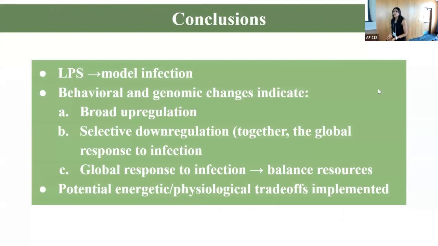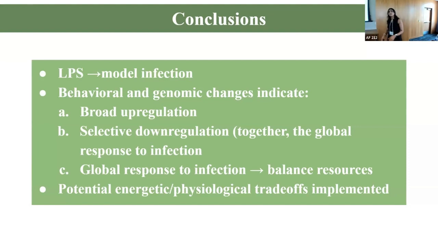And so this brings us to our conclusion. Based on our behavioral and genetic analysis, we can see that LPS did in fact reconstitute a model infection, and that the genomic changes show that there is a broad upregulation in both innate and adaptive, or specific and non-specific immune responses. And there was a selected downregulation of non-specific or non-pathogen specific defenses and responses.